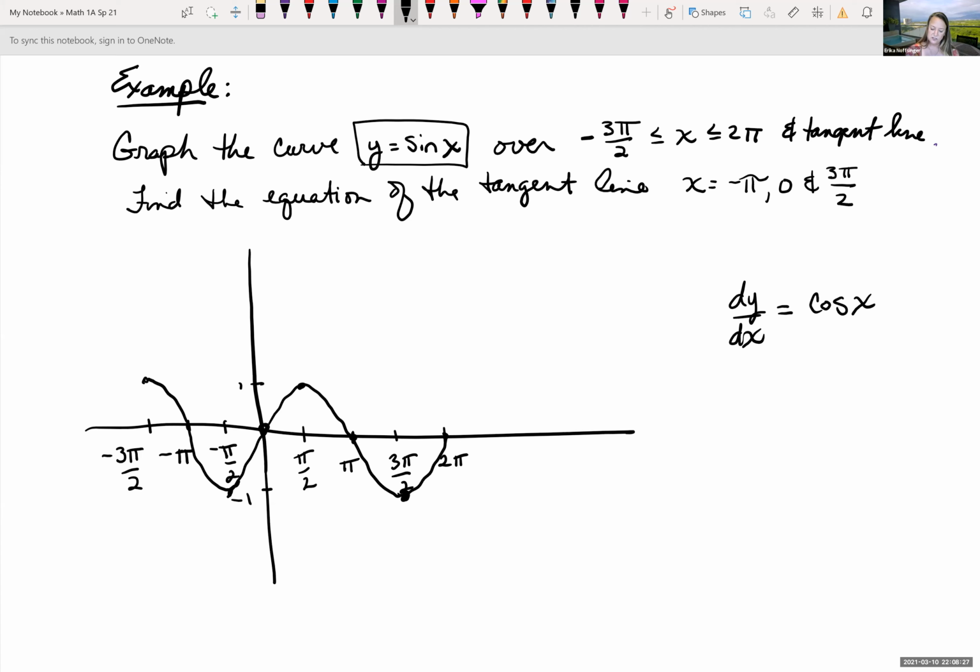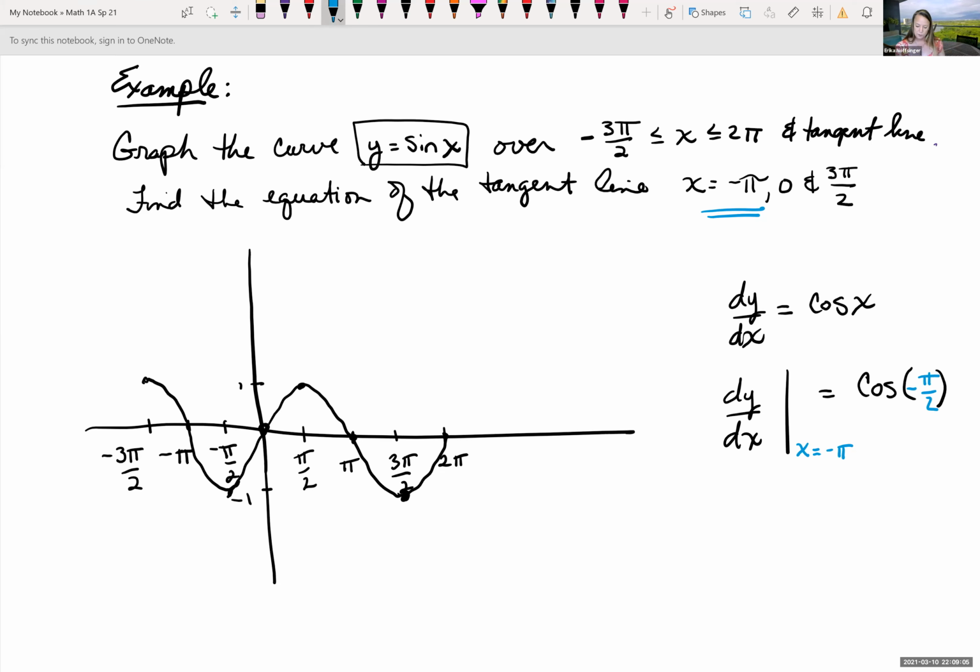Now let's look at the derivative when x is negative pi. Wherever we see an x in our derivative function, we plug in negative pi.